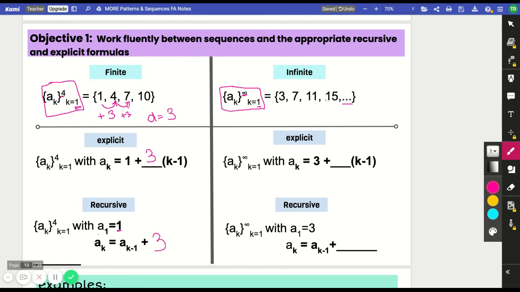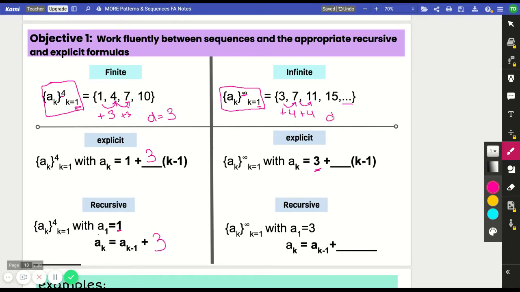Let's look at the infinite sequence. Let's look at our explicit formula. We have our first term is 3 plus our common difference, we're adding 4 each time.